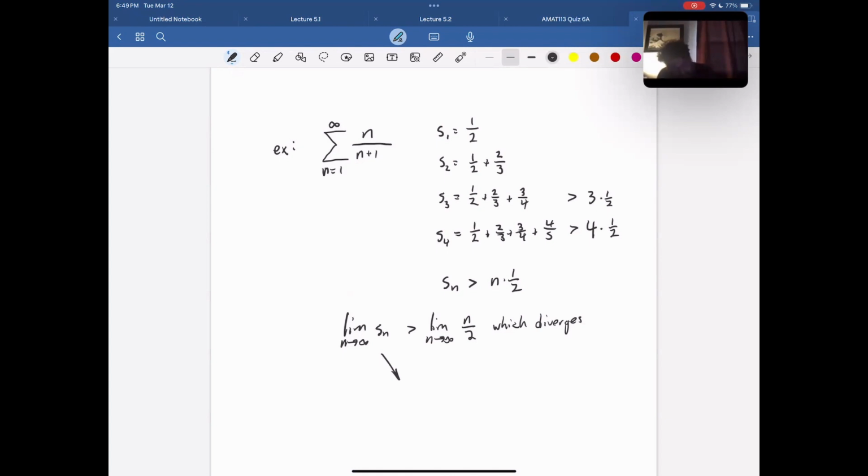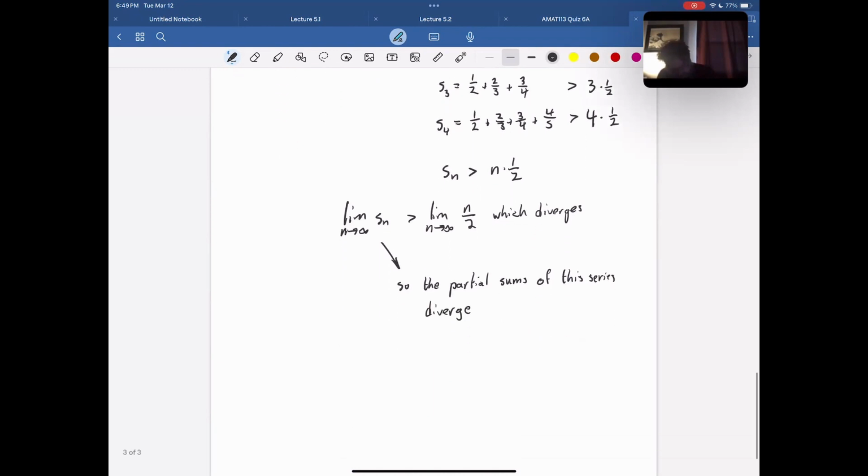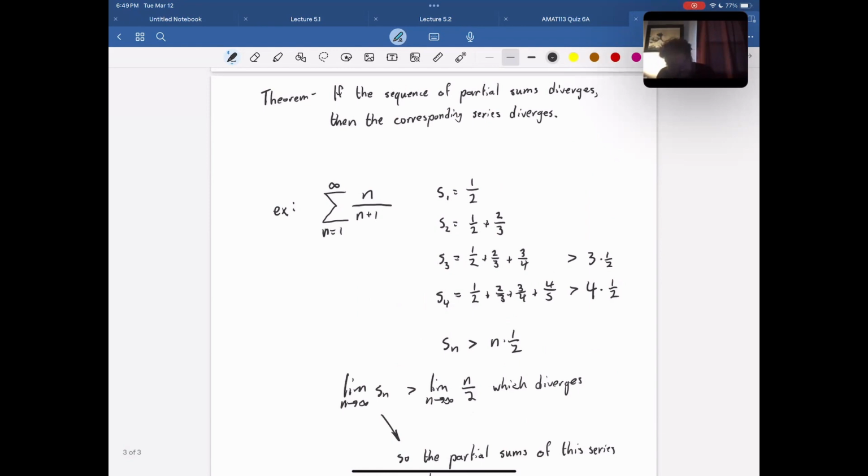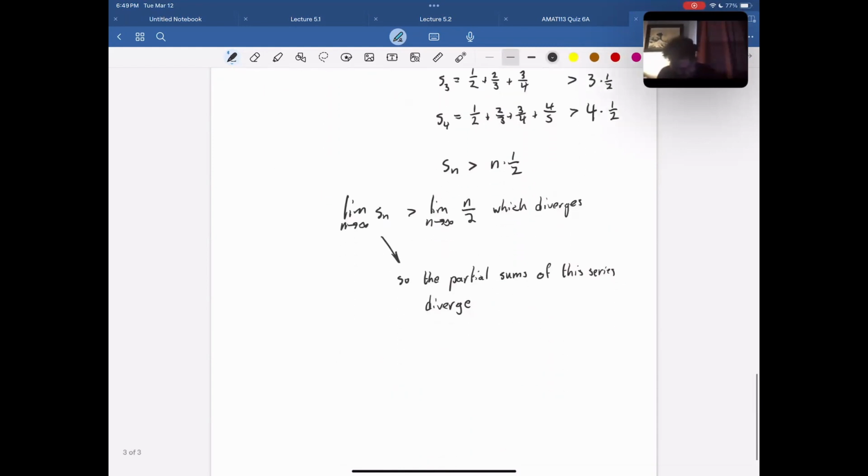So the partial sums of this series diverge. And then according to our theorem, right, that means the series diverges. Right? Therefore, the series diverges.